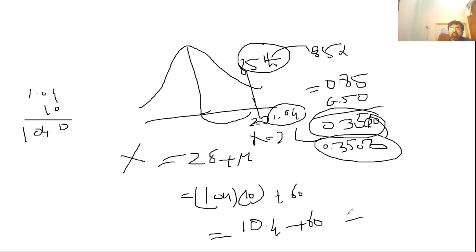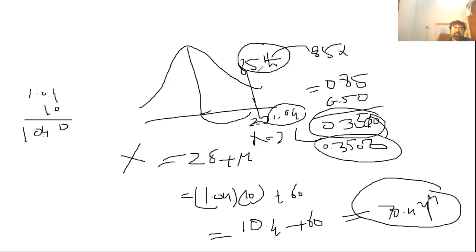So 10.4 plus 60 is equal to 70.4 years. So a person who is included in the 85th percentile, his individual age score will be 70.4 years. Here the variable is age, so the individual score will be 70.4 years.